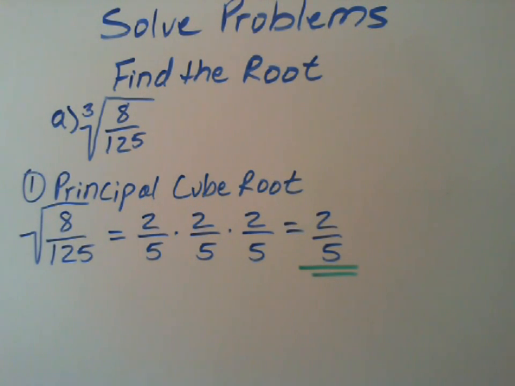And for the denominator 125, that number is 5, because 5 times 5 is 25, times 5 again is 125. So the principal cube root of the fraction 8 over 125 is 2/5.